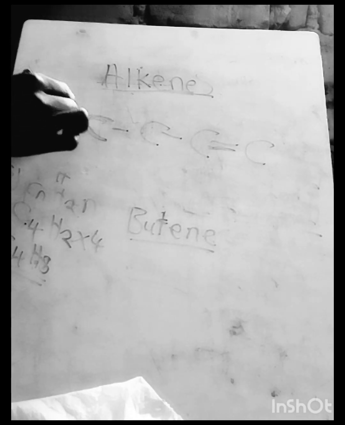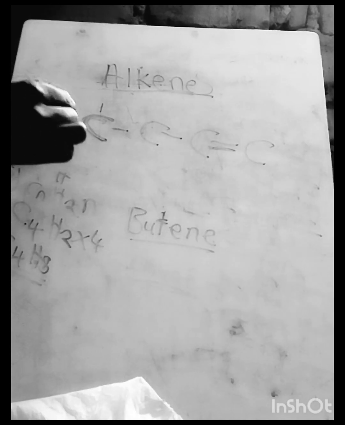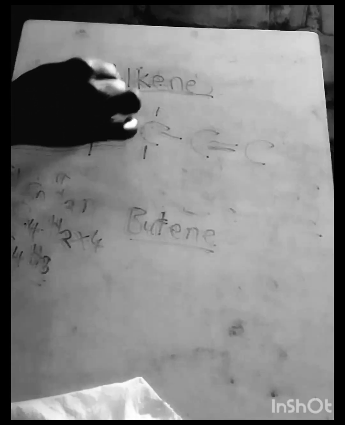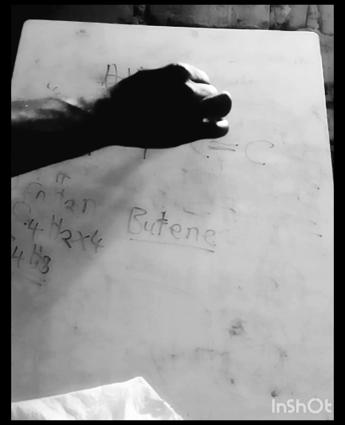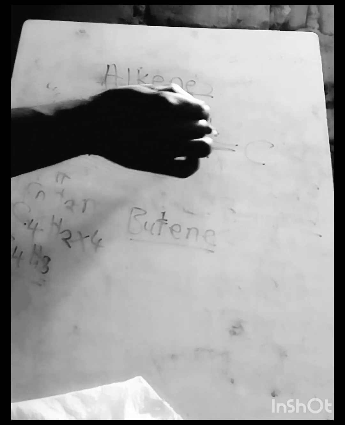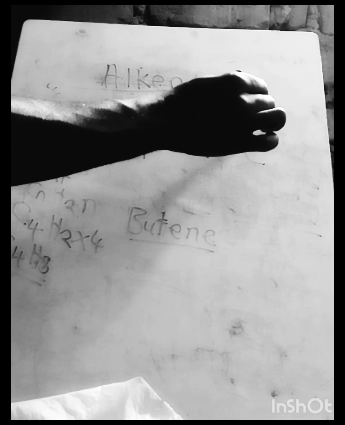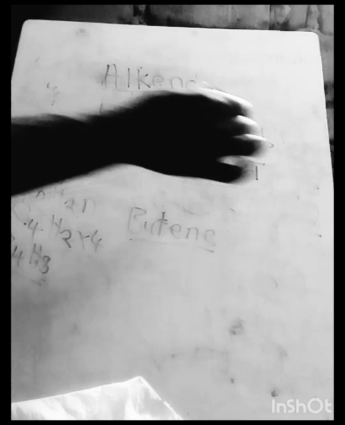And you start putting 4 bonds to each carbon. This first carbon has got 1, 2, 3 and 4, because each carbon should have 4 bonds. This one should have 1, 2, 3, 4. Then the last one already has 2 bonds, so you need just to put another one there like that.